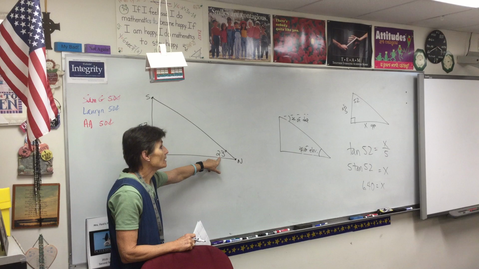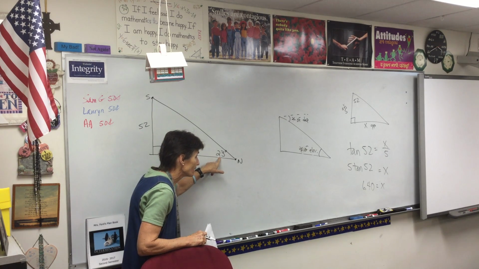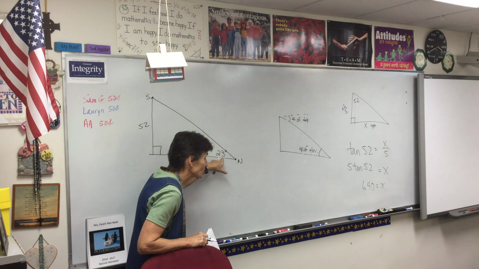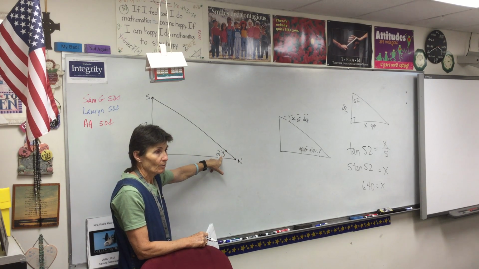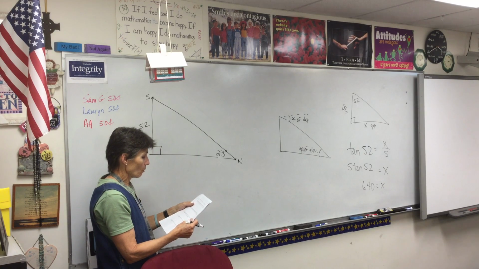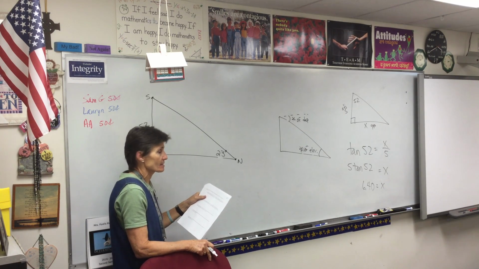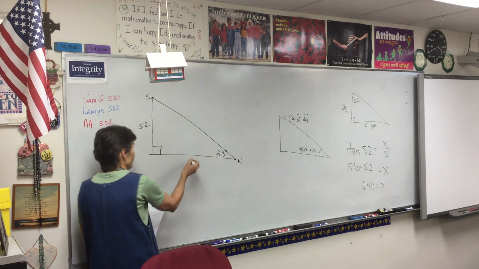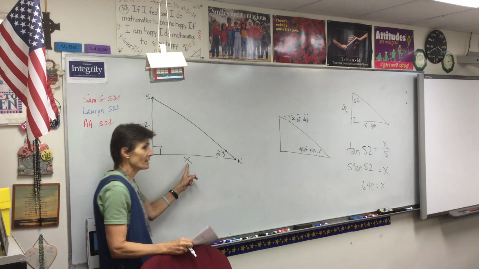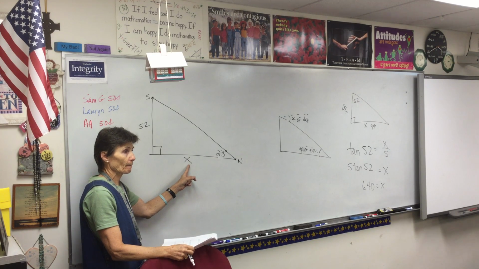Will it always be marked there? Yes. What did I just say? Every angle of elevation or depression is going to be marked right there. Okay? Now, what do I want to know? Find the distance from the nut to the base of the tree. So does everybody understand that that's x?